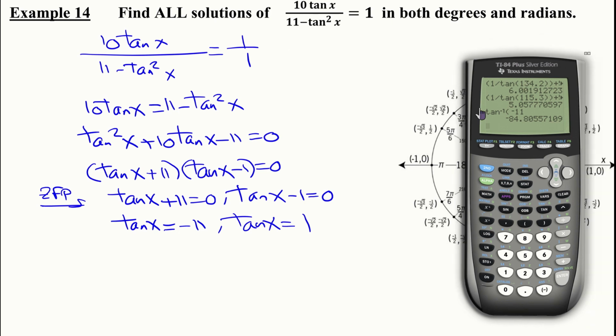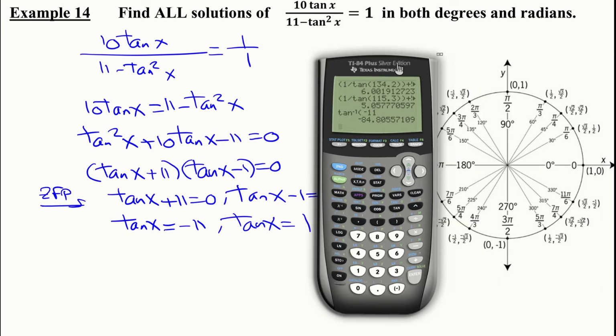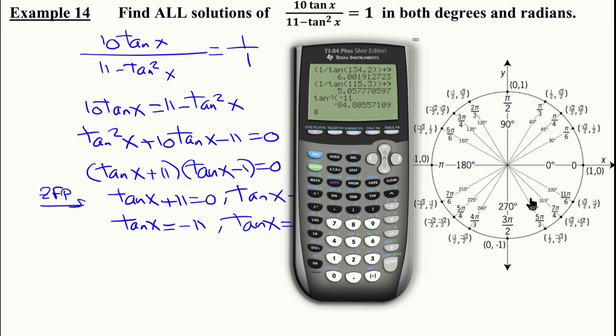Now, while we could use that to write our solutions, it's usually nicer if we can write our solution sets with a positive value, just tradition. So if you notice, if you have an angle in here, negative 84.8 falls in here, which has a negative tangent.